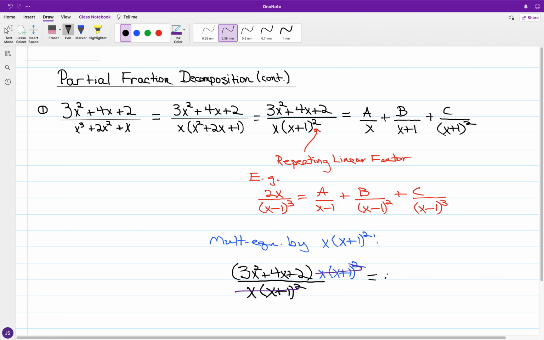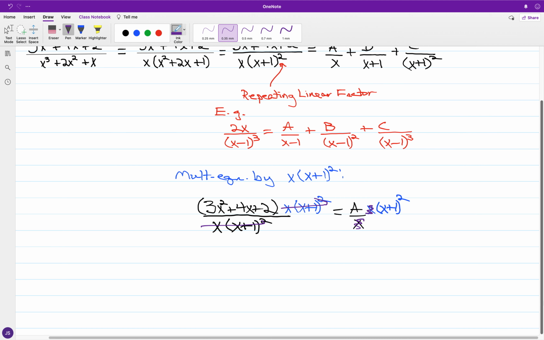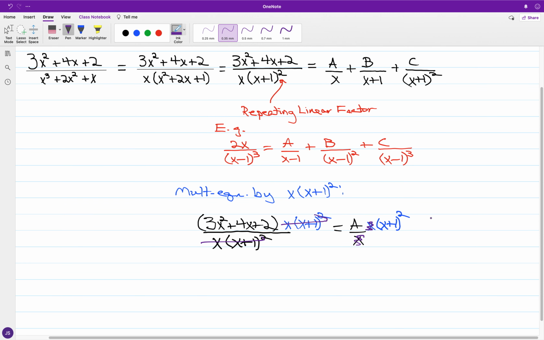Now, in the case of A over x, multiplying by both x and the square of x plus 1, it is just x that will go out, but you'll have A distributed over the square of x plus 1.